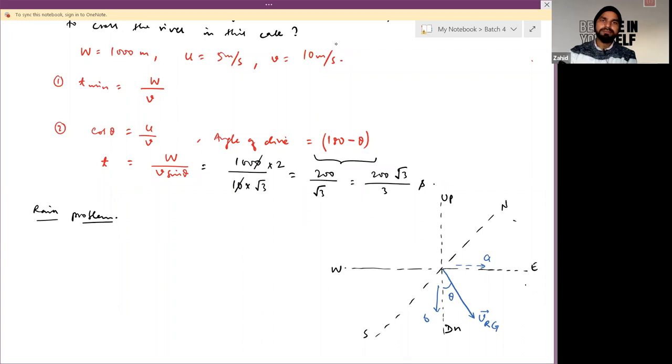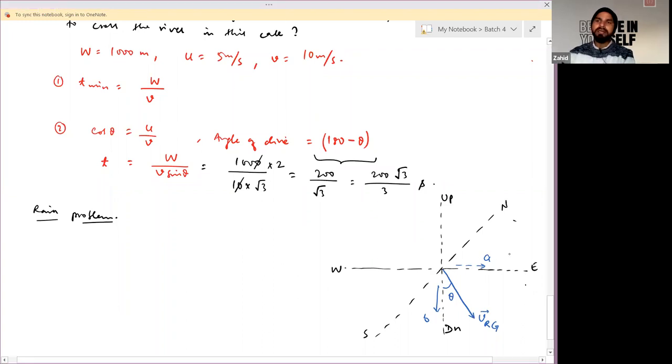Now suppose a man having umbrella is going along east at some velocity u.